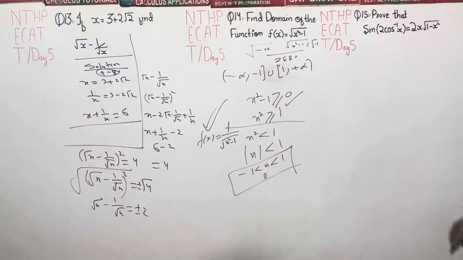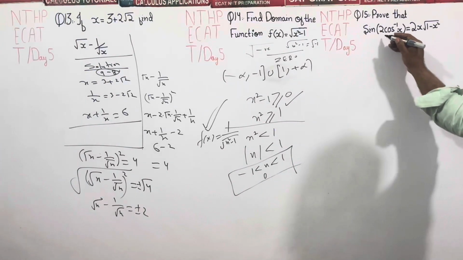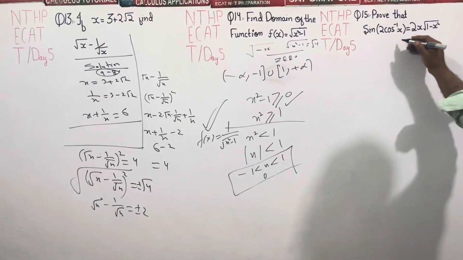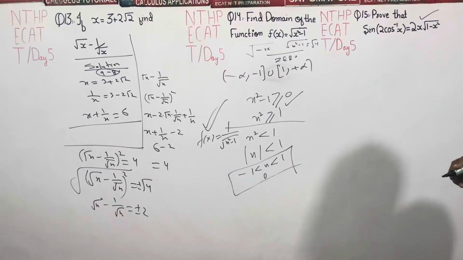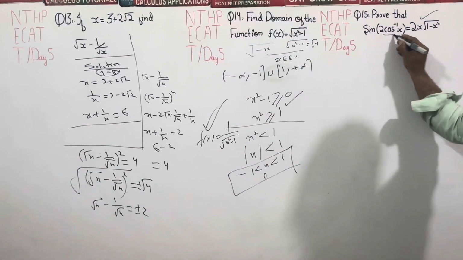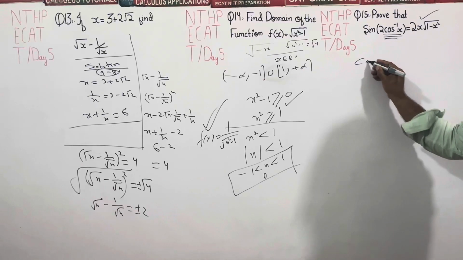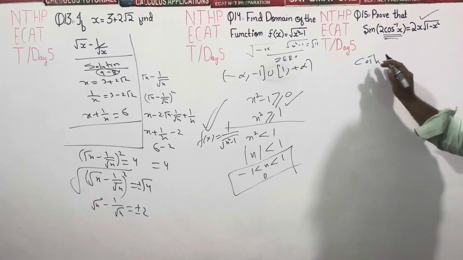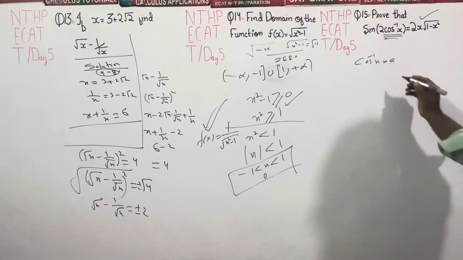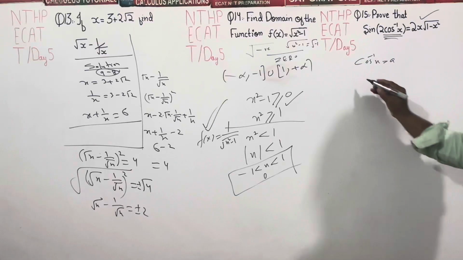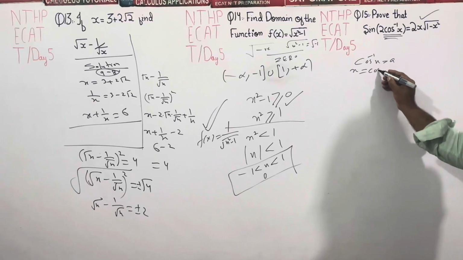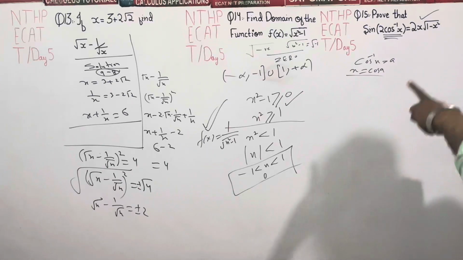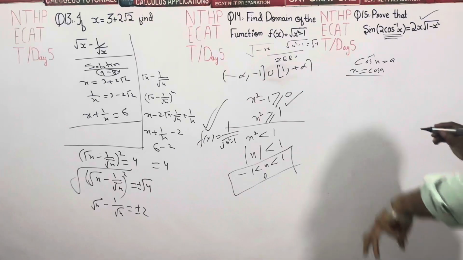Moving to our final question. Sine, its argument is twice cos inverse x. We have to prove it is equal to 2 times x root 1 minus x square. Take cos inverse x equal to, suppose, a. Taking cos on both sides, x is equal to cos a. Whatever the situation is, you must have the value of cos a as well as sine a.